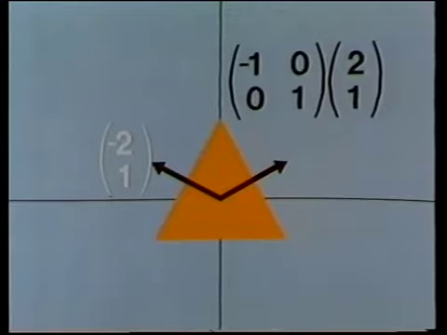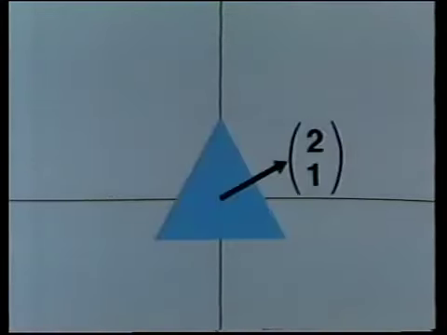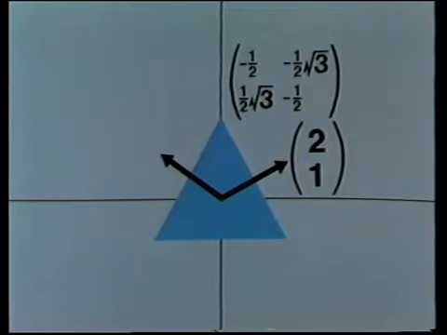Now with that flip we can see what the image vector is going to be. But what happens if instead we take a rotation by 2 pi by 3? This time it's more difficult to guess the image vector, but we can easily use the matrix to work it out.